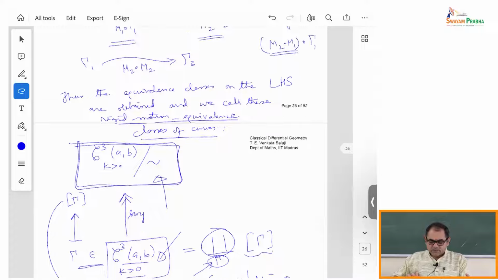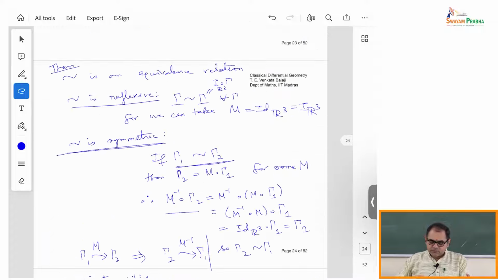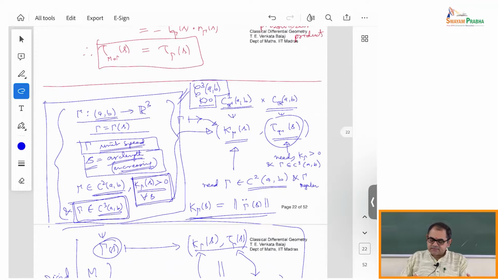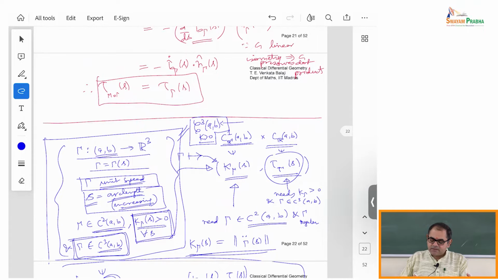All right. So as I told you, this script C3 with subscript k greater than 0 is this set. It is all those unit speed curves gamma, parameterized by increasing arc length, where the function gamma must be 3 times continuously differentiable, and the associated curvature function must be strictly positive.